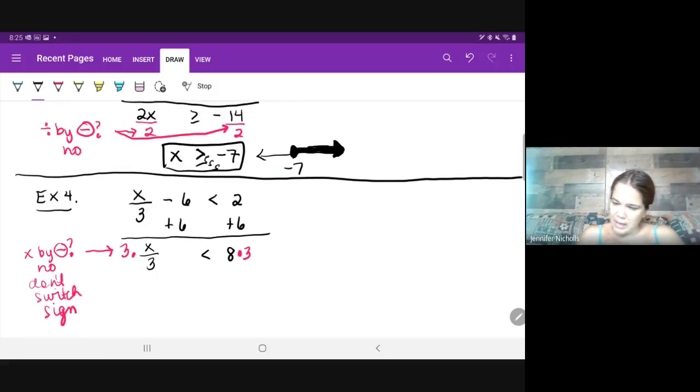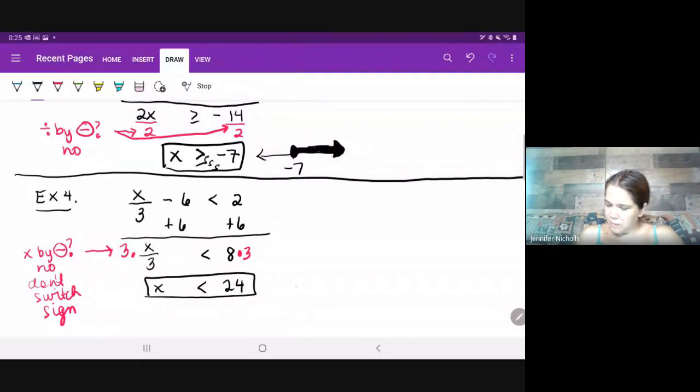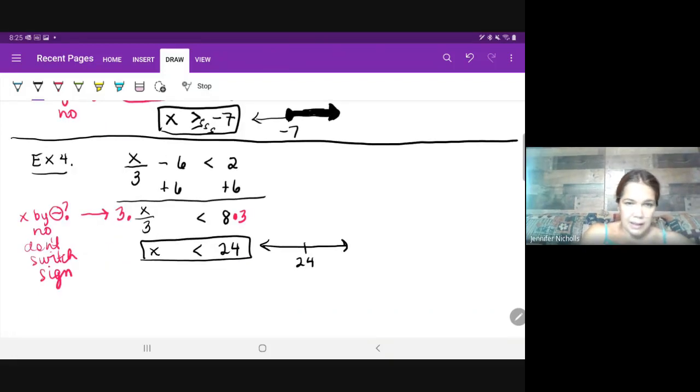Okay, so this would be X is less than 24. Okay, so we need a sketch. 24. Okay, and again, I need some more chats from Euron, Saif, Manny, Gia. Okay, so open circle.